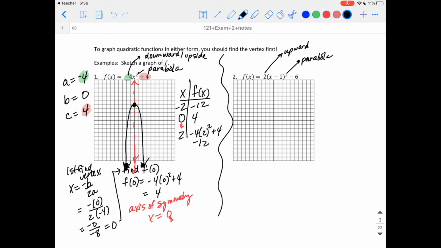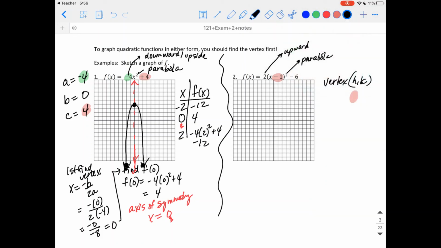All right. The first thing that I need to do is find my vertex. My vertex is h comma k. I have to remember that here's the h, but it's always going to be the opposite.